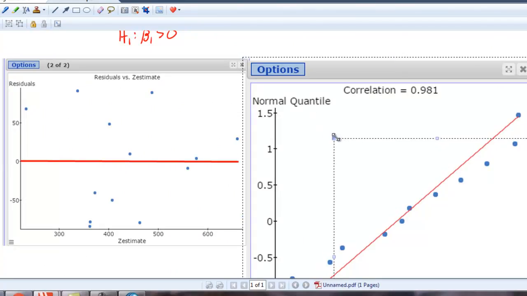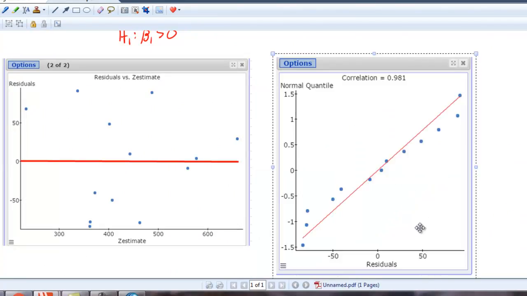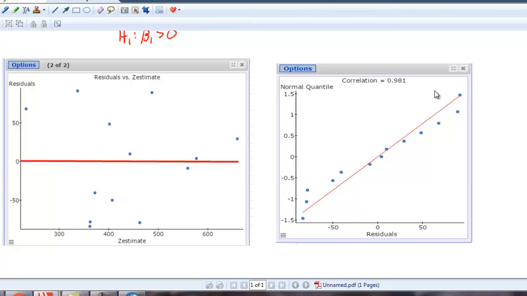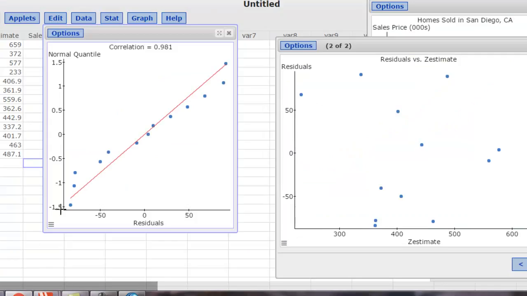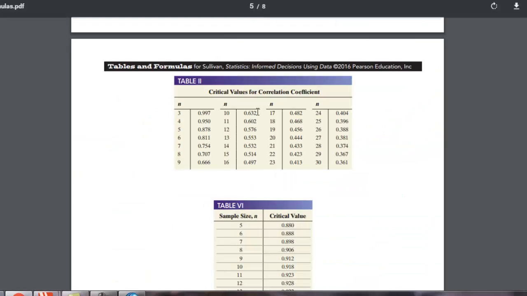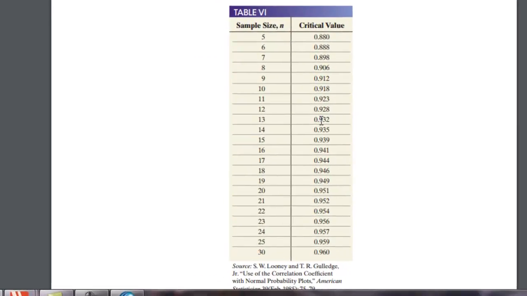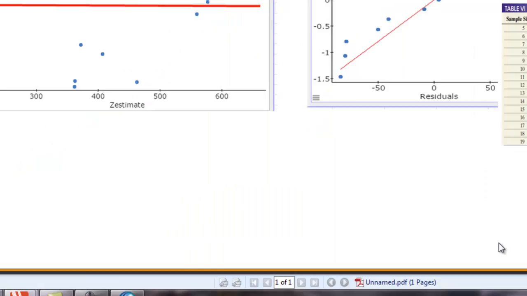Remember to check to see if the residuals are in fact normally distributed. We compare the correlation statistic of 0.981 to the critical value from table 6. We have 13 observations. For 13 observations, the critical value is 0.932. You all see that?